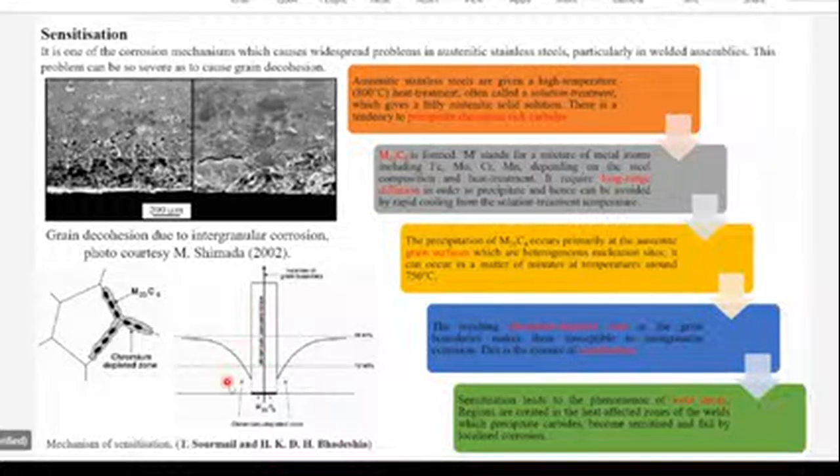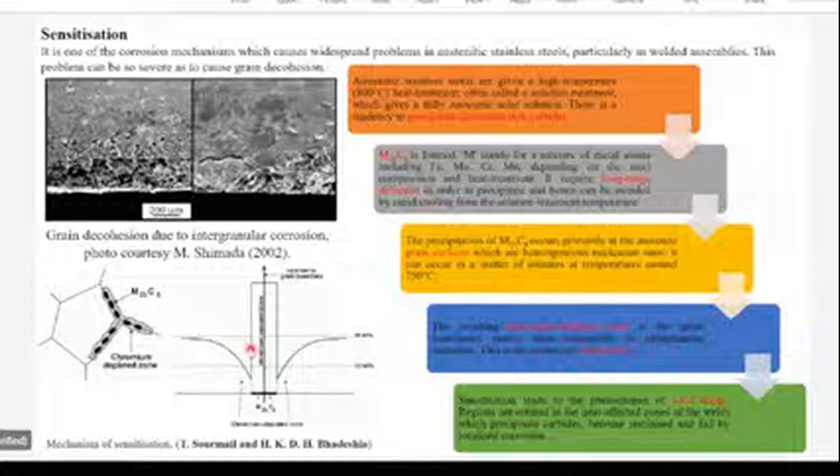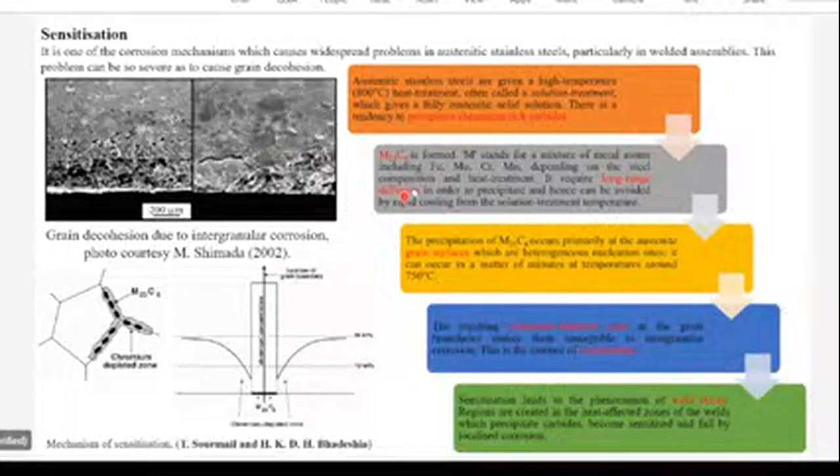So this is stricken by transgranular corrosion and other corrosion factors. So this is the weakest zone. From here the crack formation occurs, and it is susceptible to sensitization, or you can say weld decay. Weld decay is also the same concept as sensitization.